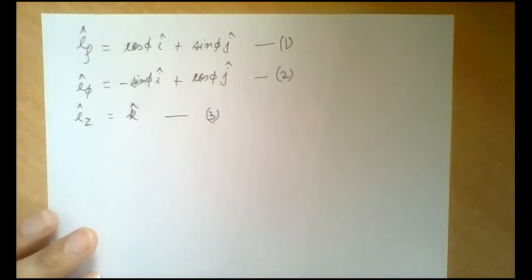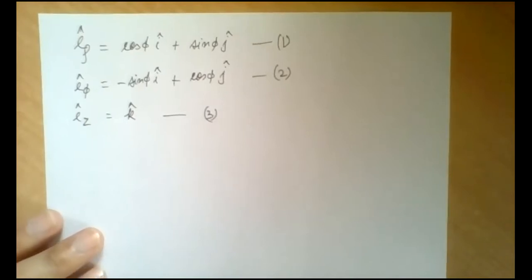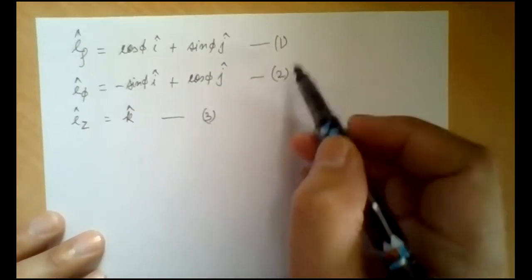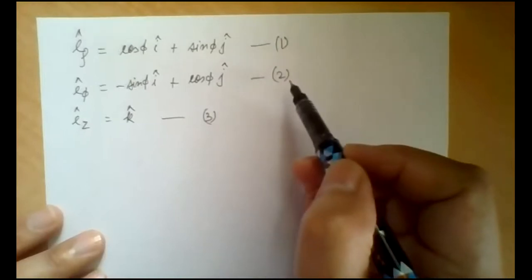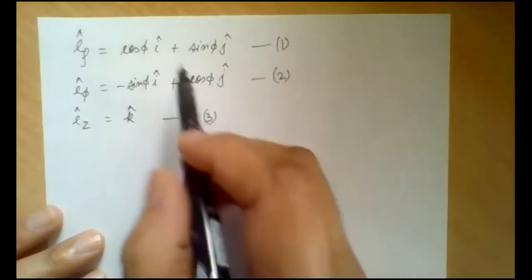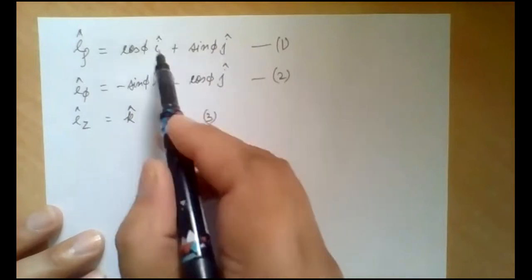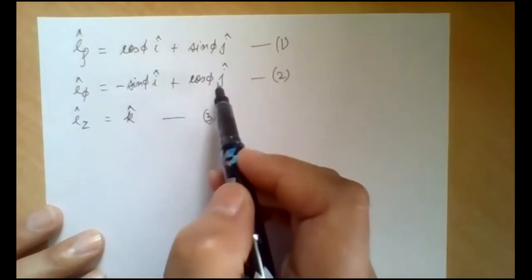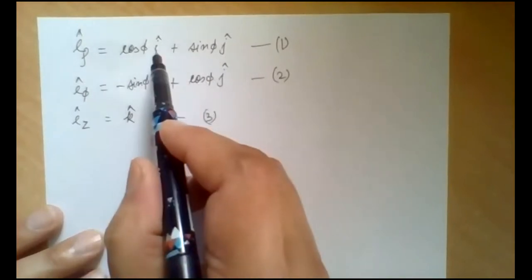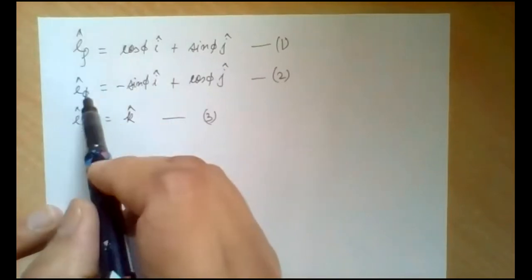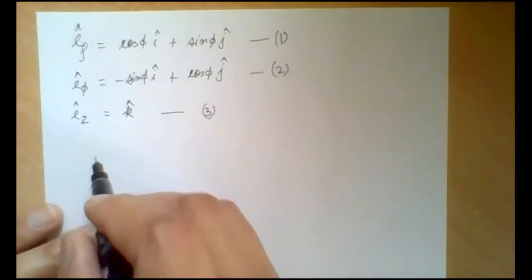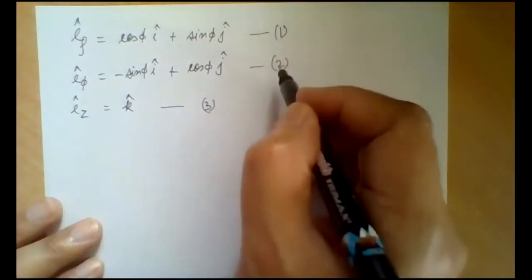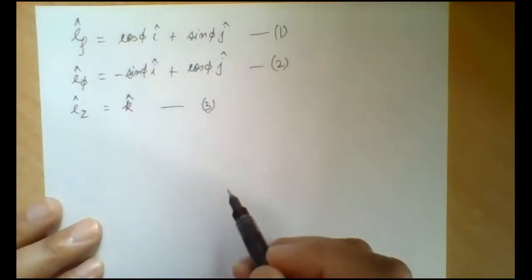What is your homework? Your homework is that you use equation number 1 and 2, and you express i hat in terms of e rho and e phi, solving for i hat and j hat.